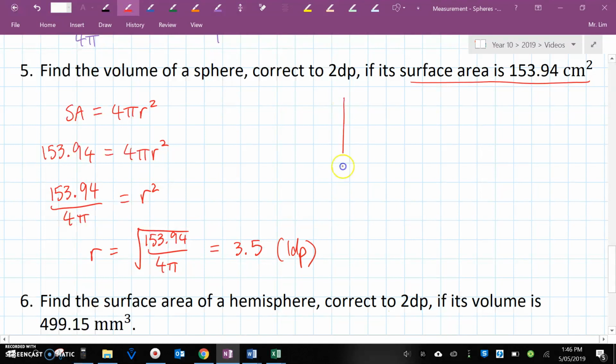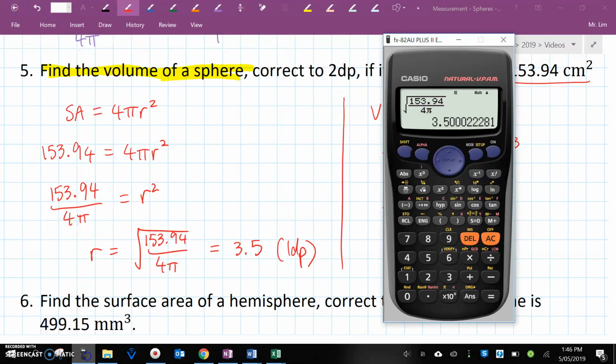So now that we've found the radius, we can actually answer the question, because the question is asking us to find the volume of the sphere. Volume is given by 4 over 3 pi r cubed. So we have the radius, 3.5, and we can enter that into our calculator.